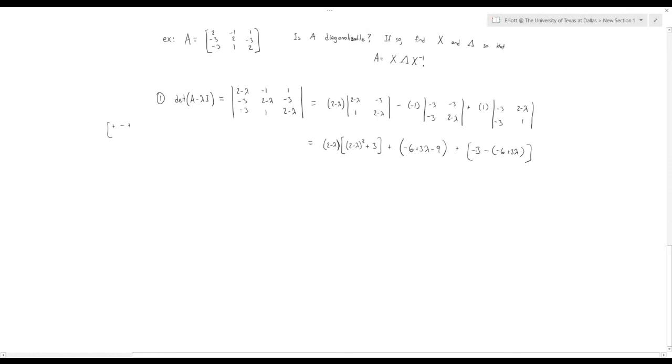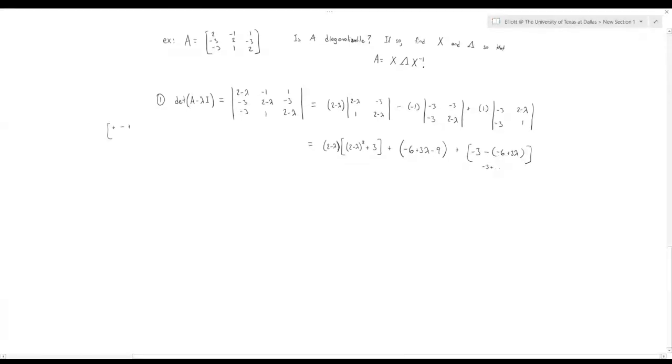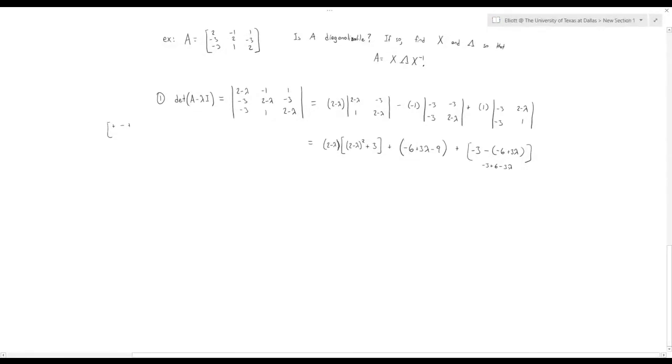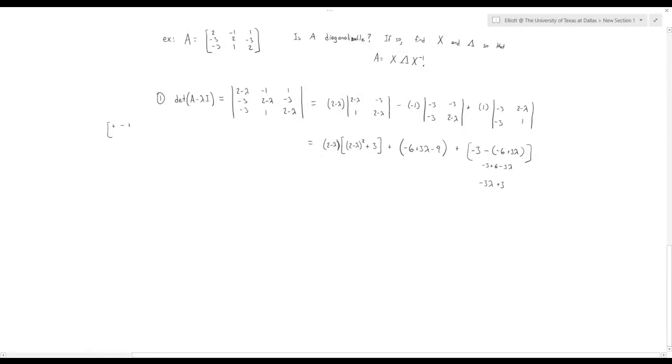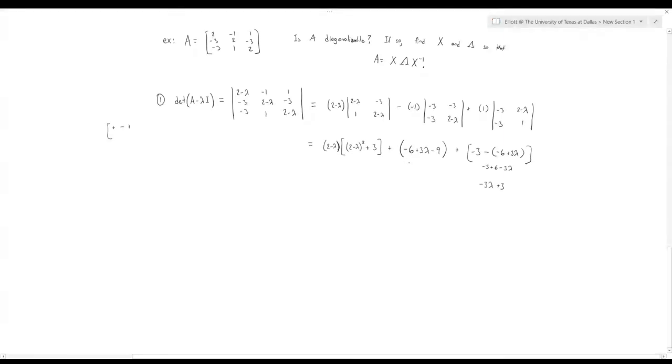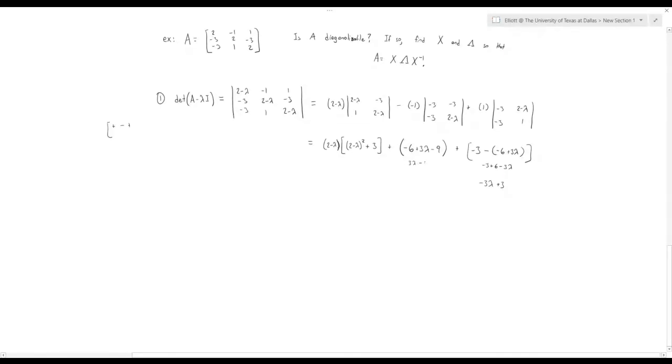So this is negative 3 plus 6 minus 3 lambda. So we have minus 3 lambda plus 3 altogether from that. This is 3 lambda minus 15, it looks like. So 3 lambda minus 15.